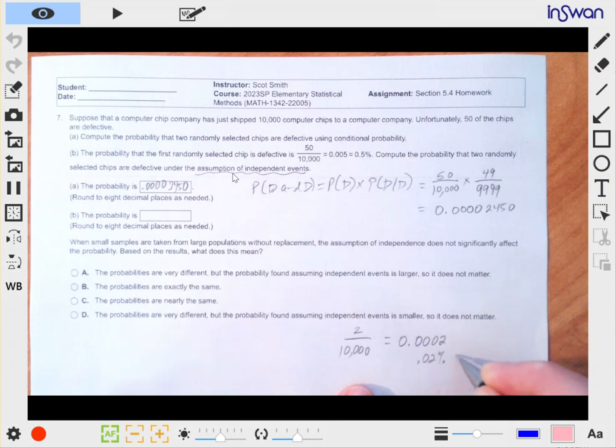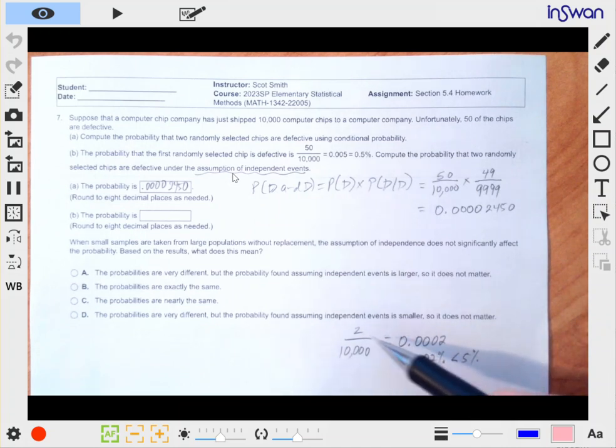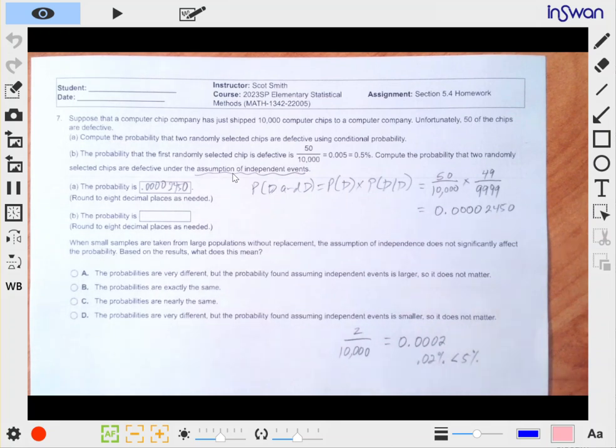So we're certainly less than 5%. And so that's what we mean by the assumption of independent events. If this sample size is less than 5%, then we can assume independence, because it really doesn't make much difference in the probabilities that we're going to get, as you'll see.